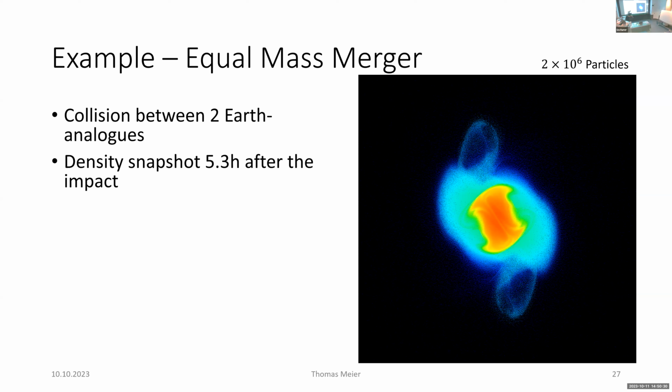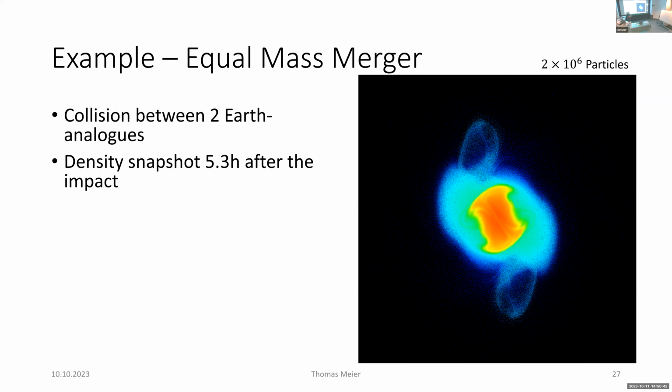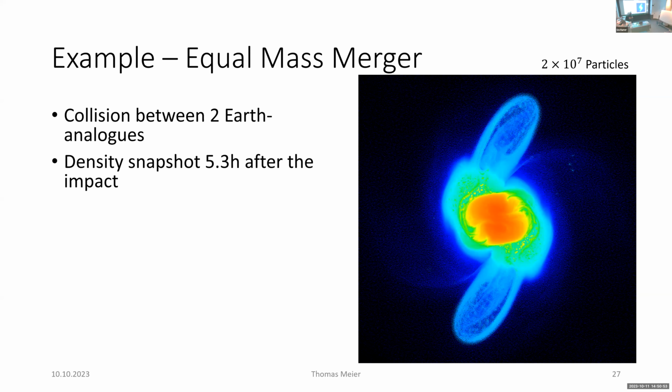And they take away some of the angular momentum, which can be seen here: the core is here, and at high resolution it hasn't rotated as much yet, because some of the angular momentum is now in these arms instead of in the core. Then if we go to more resolution, the arms get more pronounced, and we get more turbulence in the core, more of this submerged core material in the mantle. And this is 20 million.